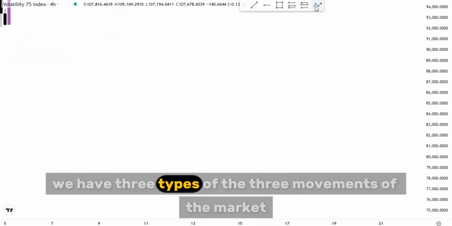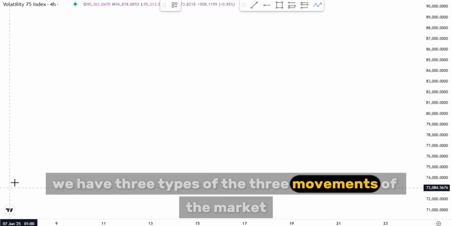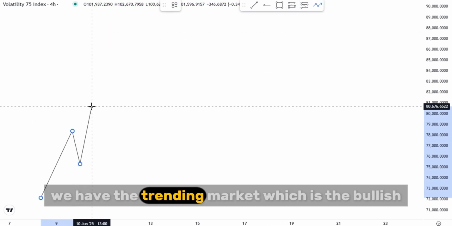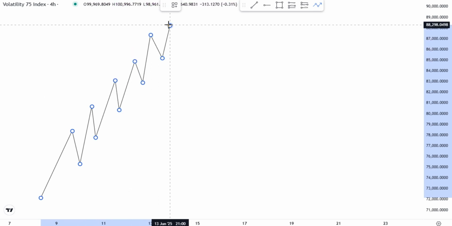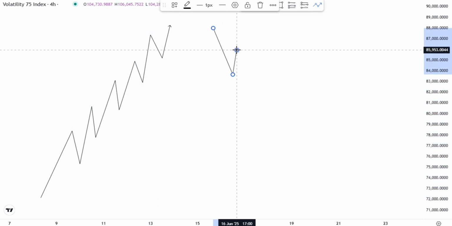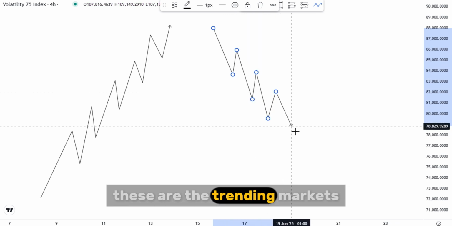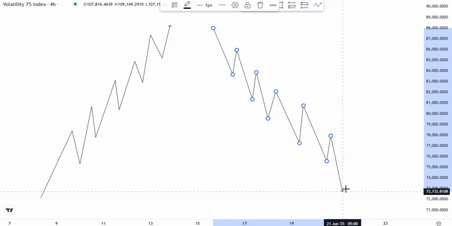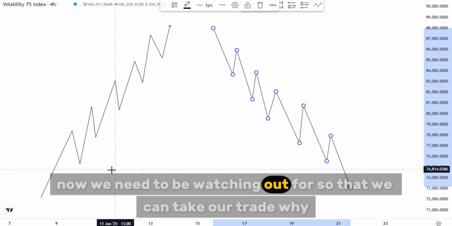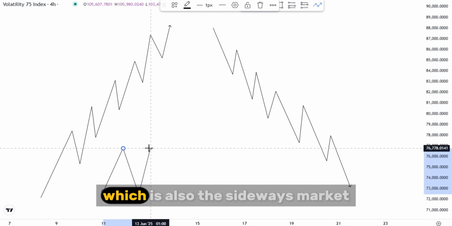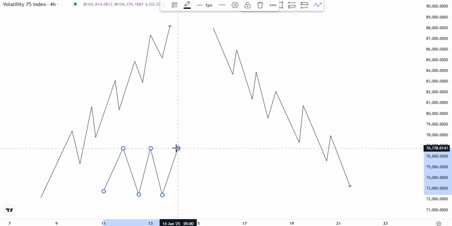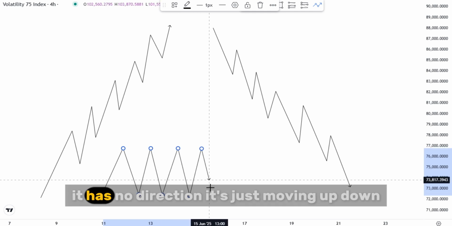We have three movements of the market. We have the trending market, which is the bullish and the bearish. These are the trending markets that we need to be watching out for so that we can take our trade. For the consolidating market, which is also the sideways market, it has no direction.